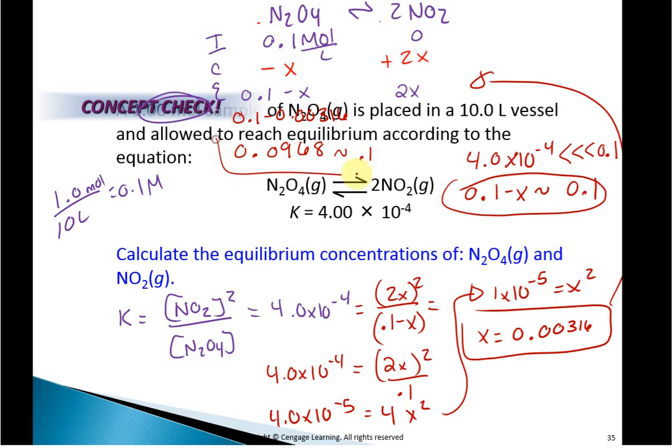So that assumption holds valid. 2 times x ends up being 0.00632. So we now have our equilibrium concentration of both of those substances.